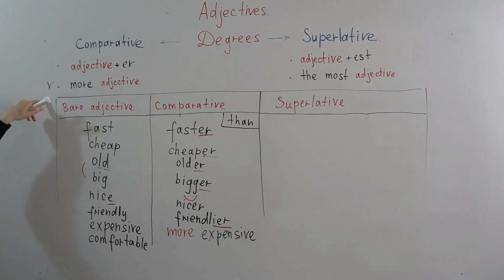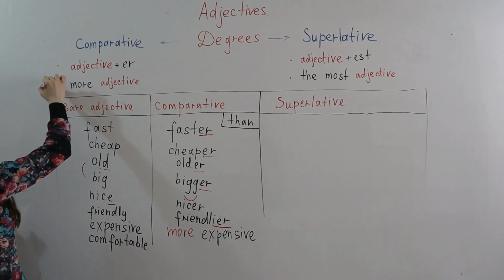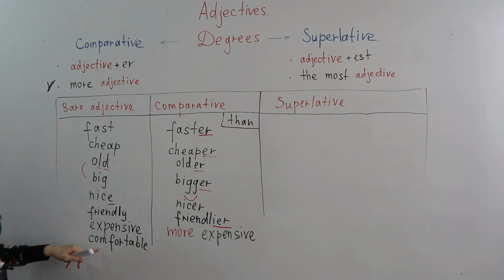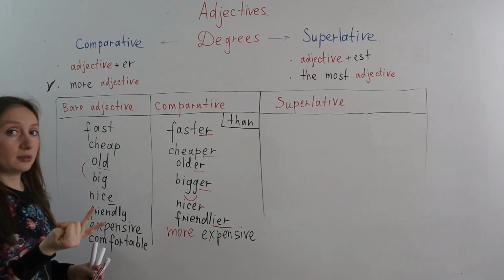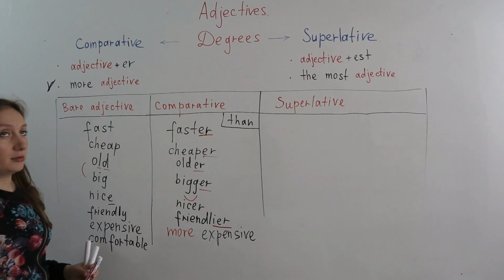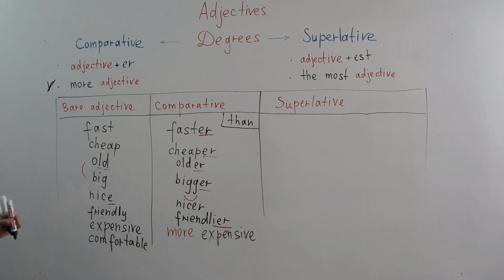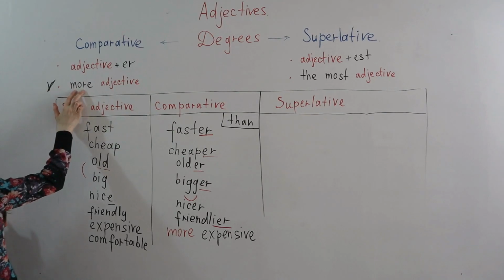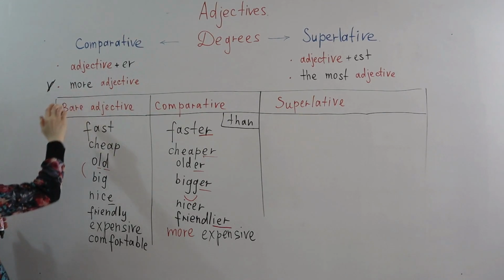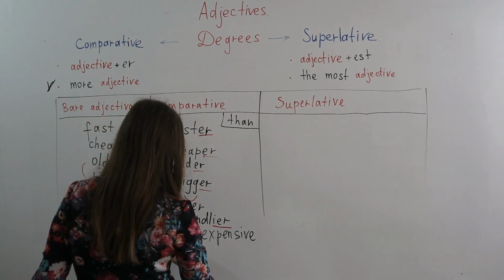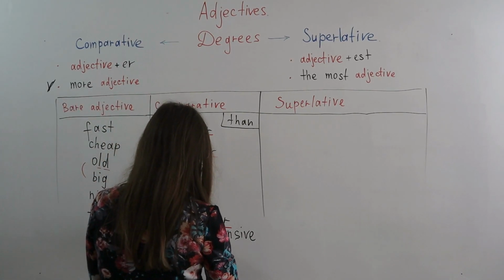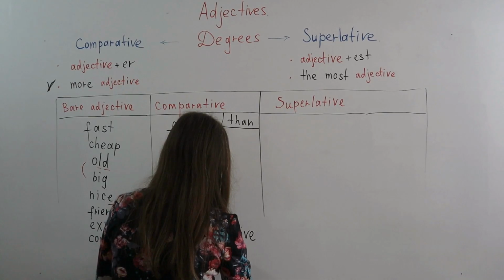This one or this one? I think we'll use this one, right? Again, because how many syllables do we have? Comfortable. Comfortable, right? Long adjective. That's why we use our helping word more. So again, the same structure. More comfortable.